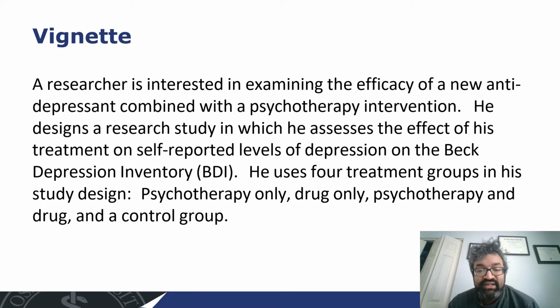A researcher is interested in examining the efficacy of a new antidepressant combined with a psychotherapy intervention. He designs a research study in which he assesses the effect of his treatment on self-reported levels of depression on the Beck Depression Inventory. He uses 4 treatment groups in his study design: psychotherapy only, drug only, psychotherapy and drug, and a control group.